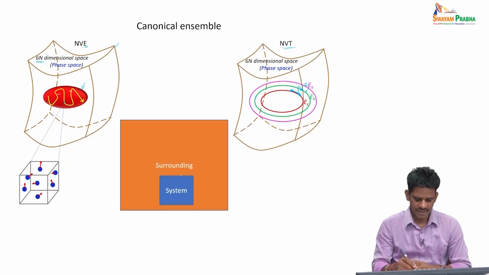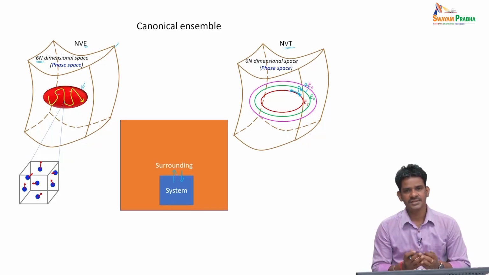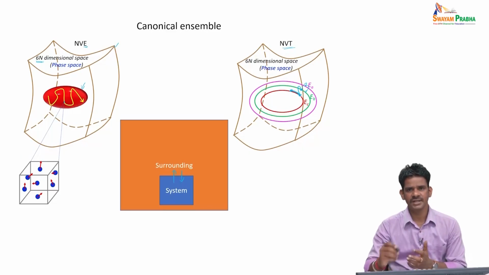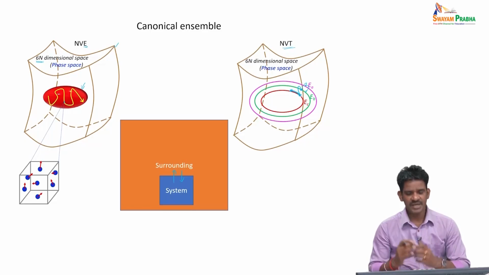So there is always energy exchange between the system and the surrounding, thereby the system is able to sample different energy states so as to keep the temperature constant. The same phenomenon is what we have shown in the phase space, where energy transitions can happen within the system.